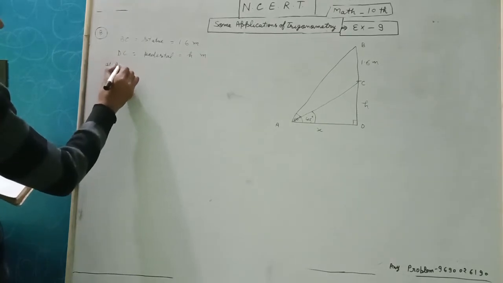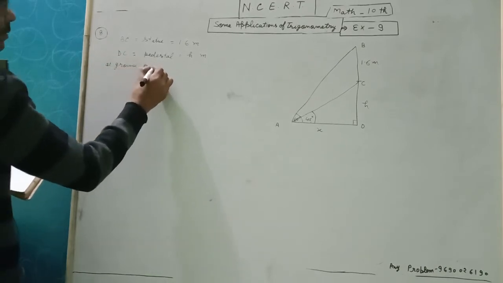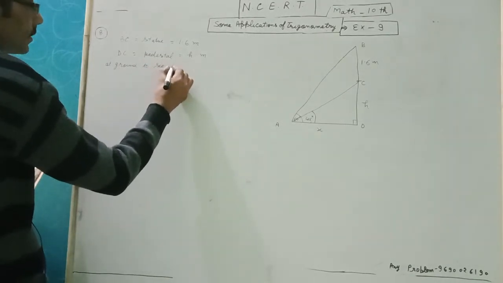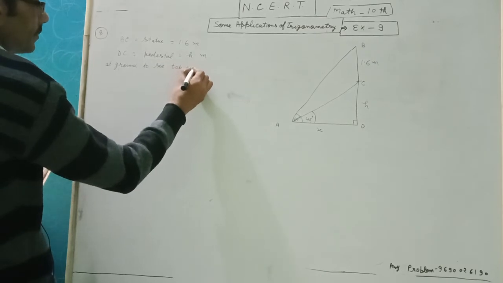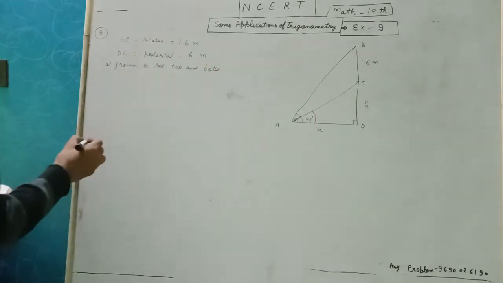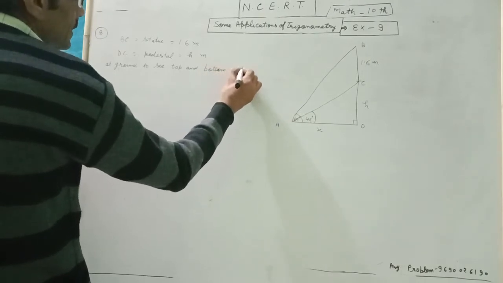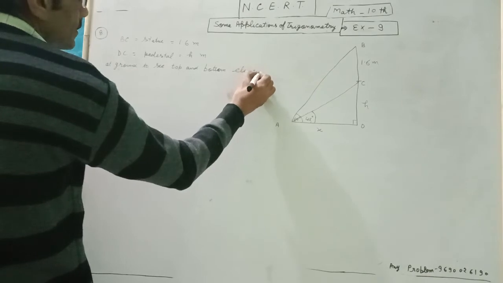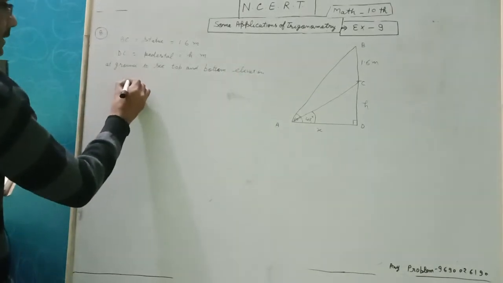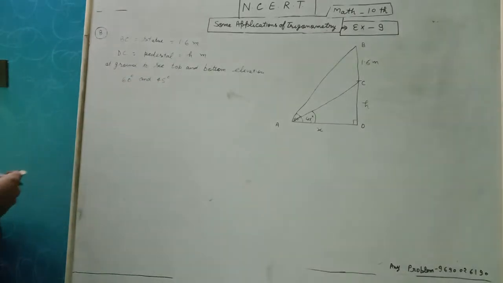At the ground, to see the top and bottom, the elevation angles are 60 and 45 degree. We find the value of H.